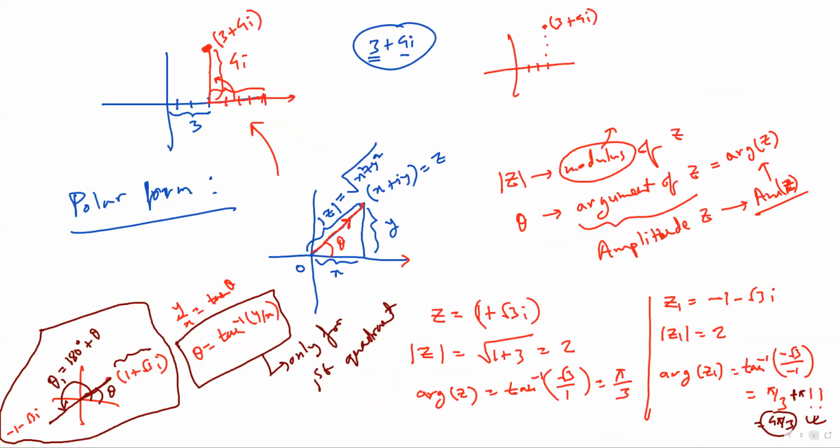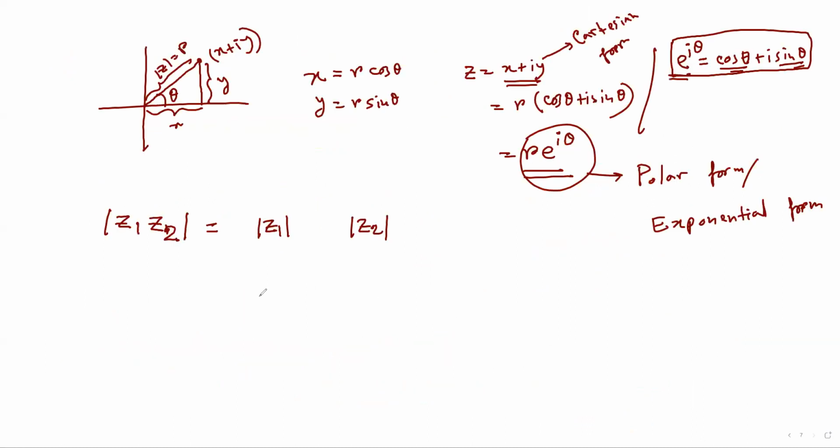But if you use polar form, things are going to be easy. For example, if you just express the first as r1 e to the power i theta 1, and the second as r2 e to the power i theta 2, this is multiplication.